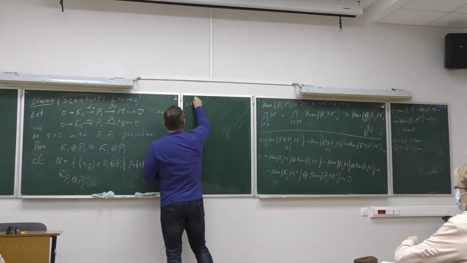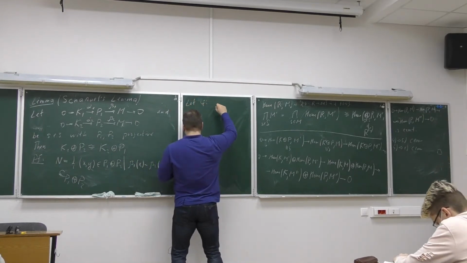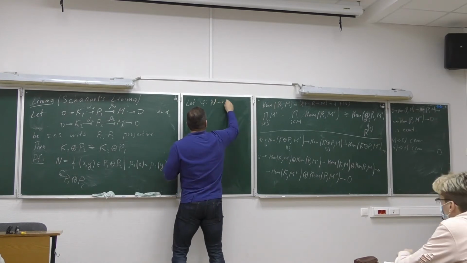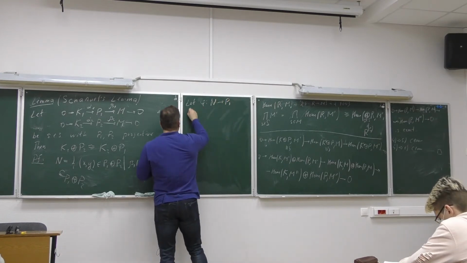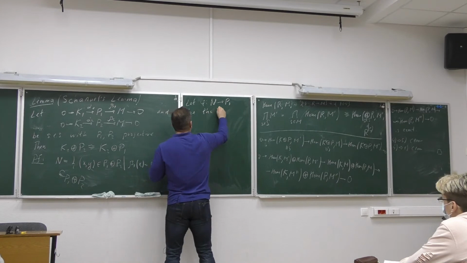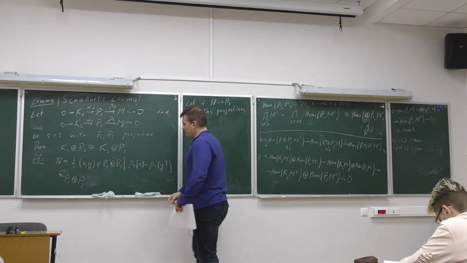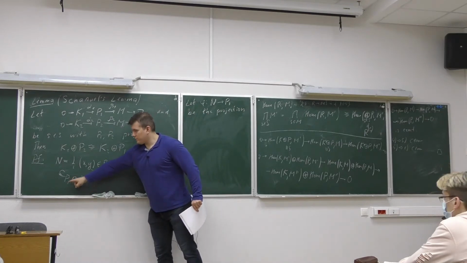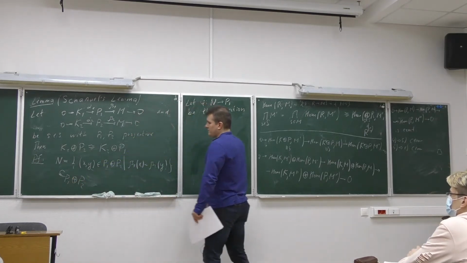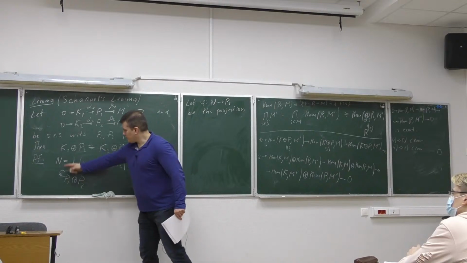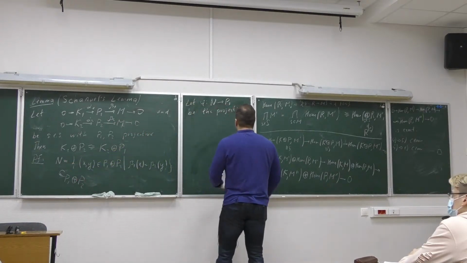So let phi from this new module N to P1 be the projection. From the direct sum you have two projections, to P1 and P2. You can compose this with the embedding of the module N into the direct sum and get the projection from N to P1.